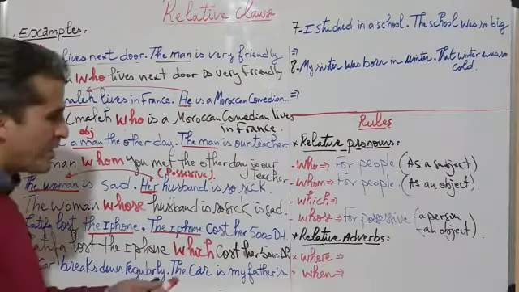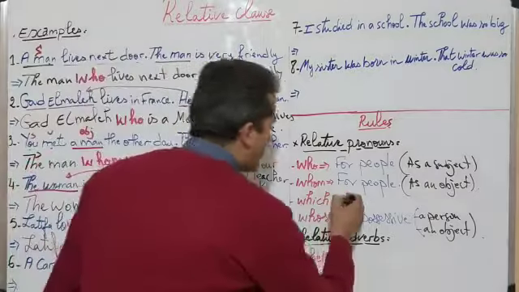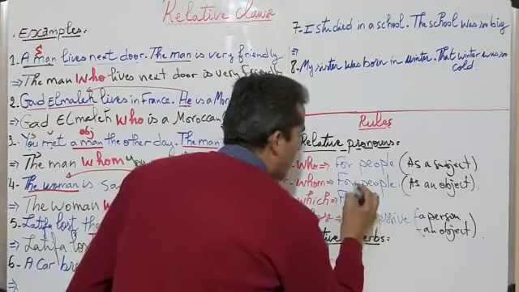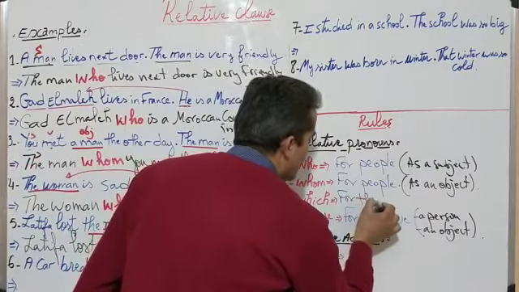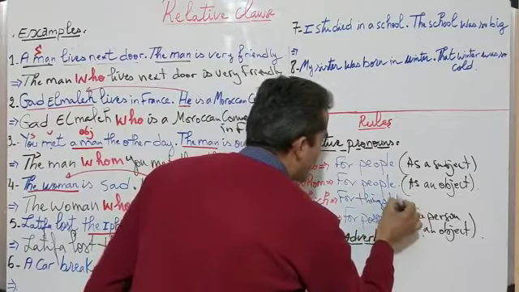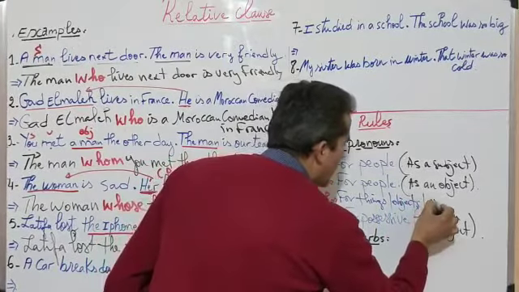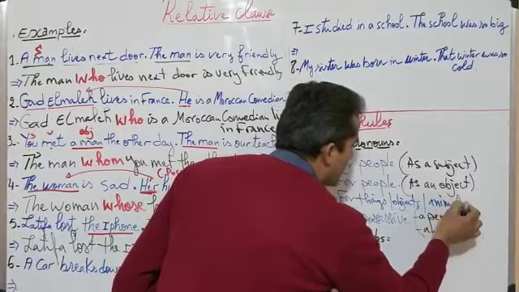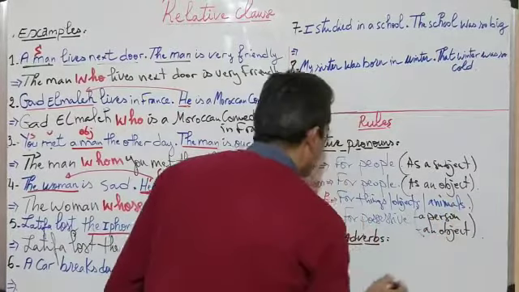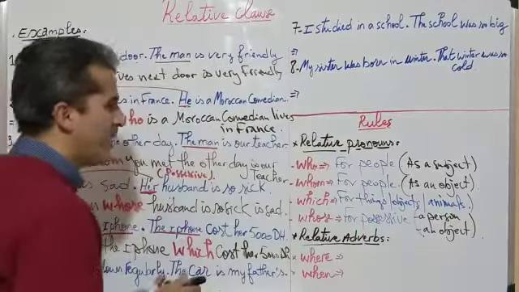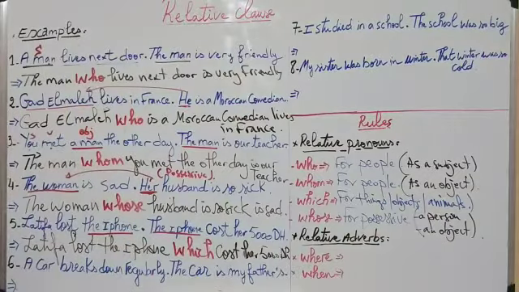Now, which is used for what? Which is used for things or objects or animals, meaning non-people. All right, let's move to the next one.